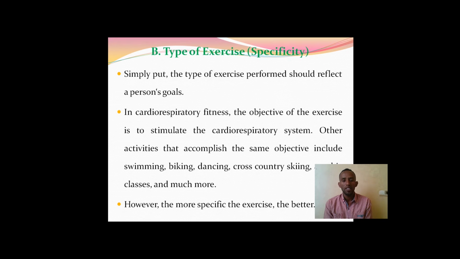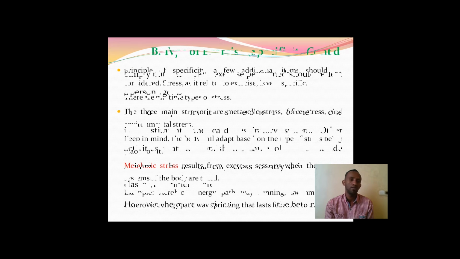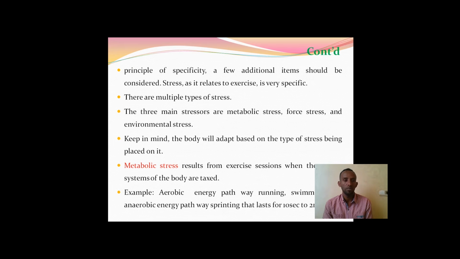Other activities that accomplish the same objective include swimming, biking, dancing, cross-country skiing, aerobic classes, and much more, which will have an effect on your aerobic fitness because this will increase your blood circulation and also your respiration rate, right? However, the more specific the exercise, the better benefit you will acquire from it. So specificity tells that the exercise should exactly specify to the type of objective you want to achieve.